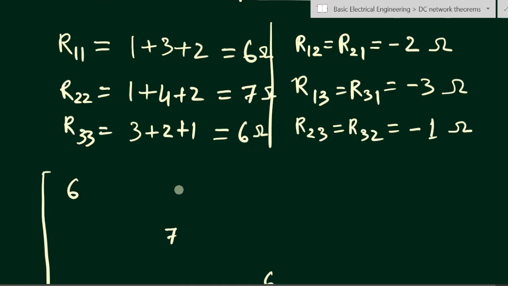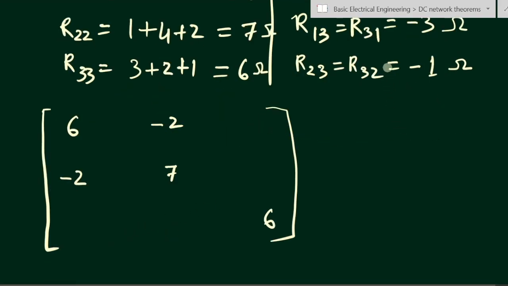R12 means first row, second column, so this is minus 2 and this is minus 2. R13 is equal to R31 is equal to minus 3, so this is minus 3, minus 3. This is R31, this is R13. R23 is equal to R32 is equal to minus 1. This is minus 1, this is minus 1. This is the R23 value, this is the R32 value.